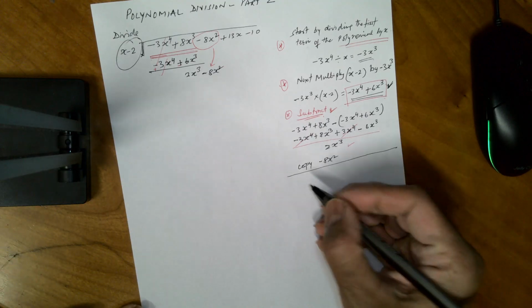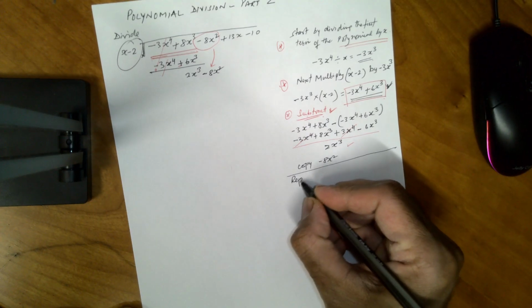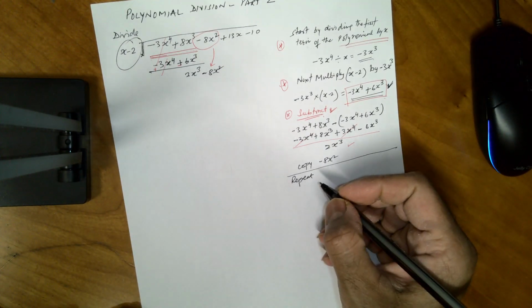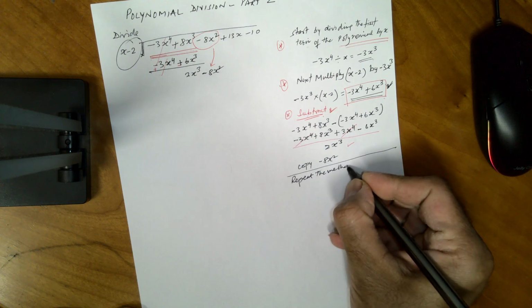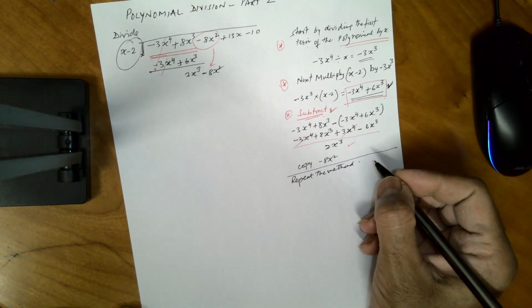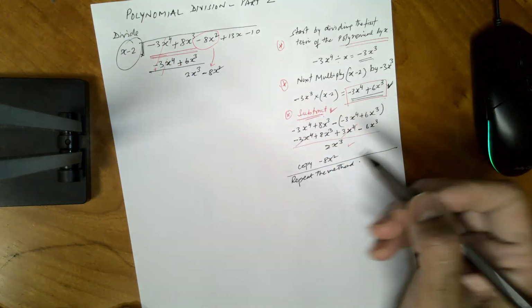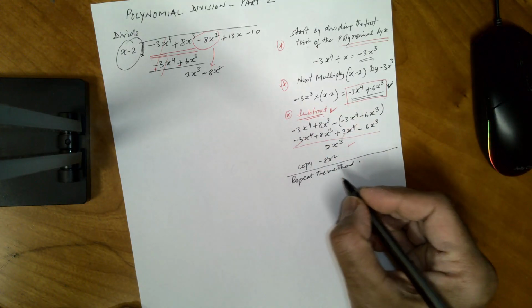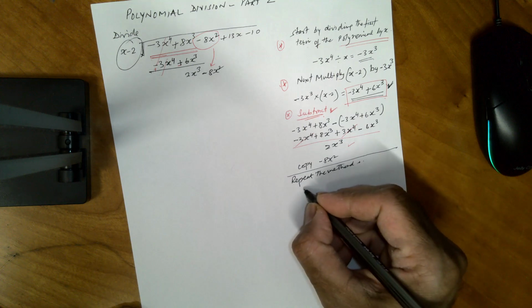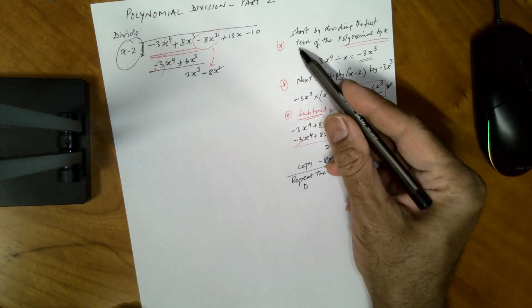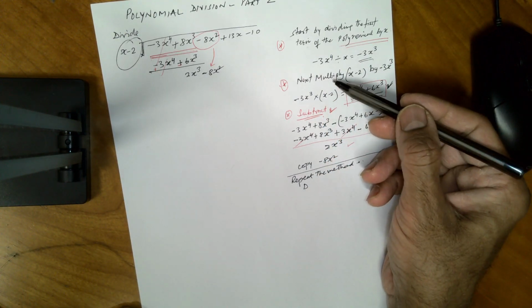Again, repeat the method. I would write down here, repeat the method. Now you have 2x cube. So we repeat the method and you divide. As you see here: divide, then multiply and subtract.